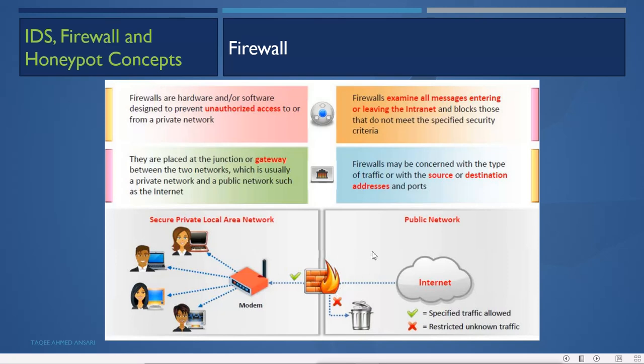Whatever we configure, it will only allow that traffic, and the traffic which we don't allow, it will drop. So specified traffic will be allowed and restricted, unknown traffic will be denied, and that is what we have to configure on the firewall.